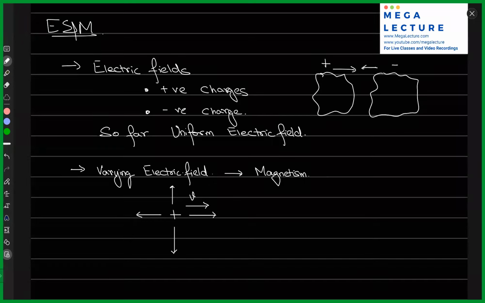So these two observers would have a different perception of magnetism. One would say there is no magnetism as the charge is not moving. The other would say there is magnetism around this charge, so it has a magnetic field around it, and so it becomes relative to an observer.